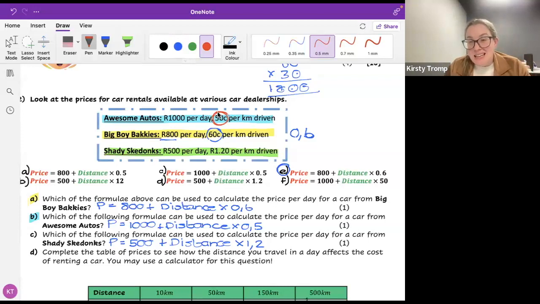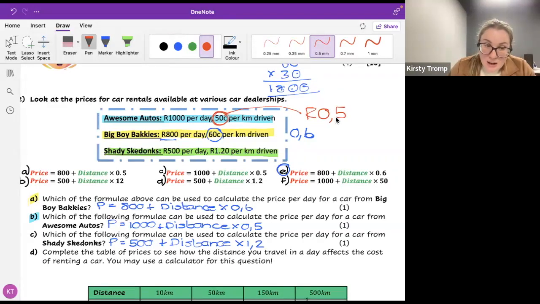How do we get the cents into rands? We must convert it by dividing by 100. When we divide this by 100, it gives us 0,5.